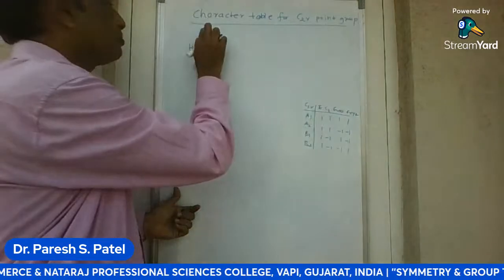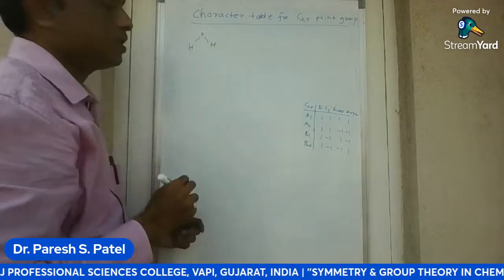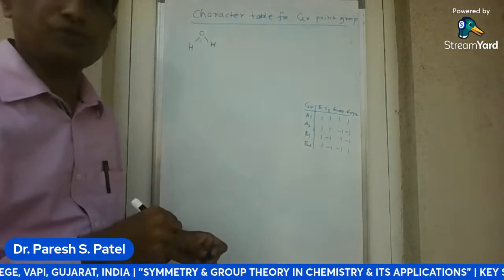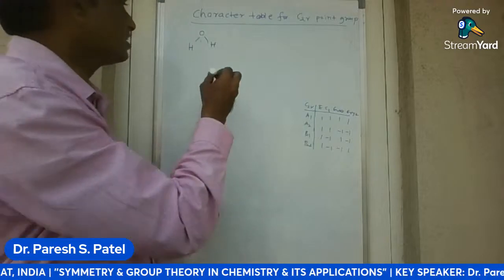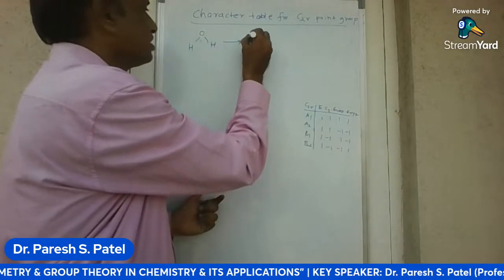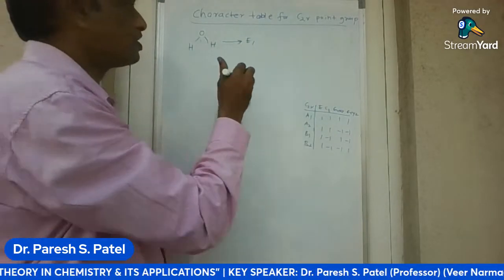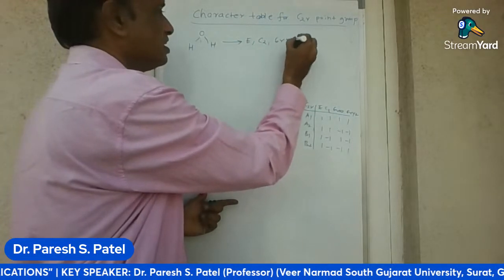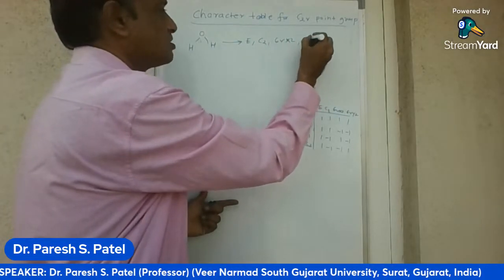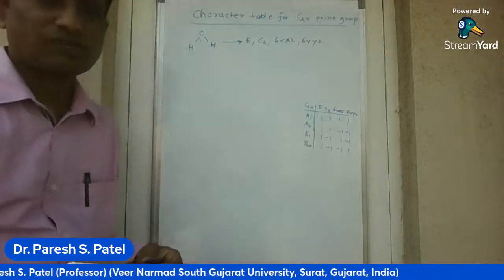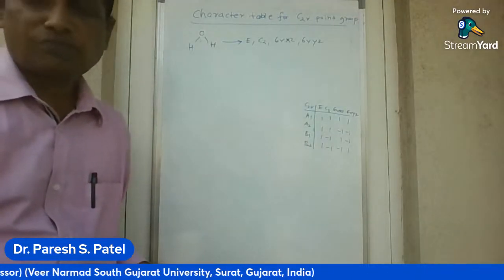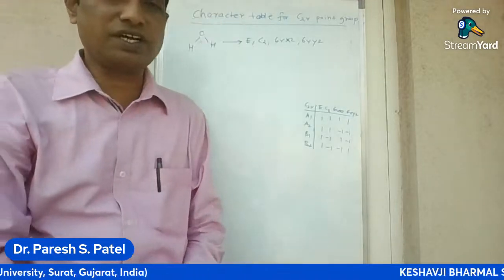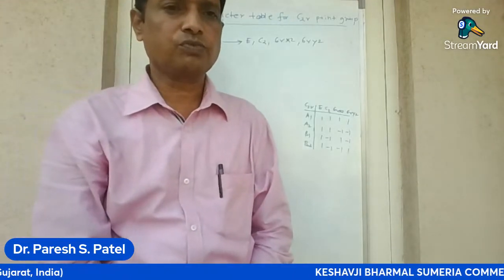In case of the C2V point group, let us consider the water molecule. It belongs to the C2V point group, and it consists of E, C2, sigma VXZ and sigma VYZ symmetry elements. So dear students, first of all, how to construct the character table for the C2V point group?